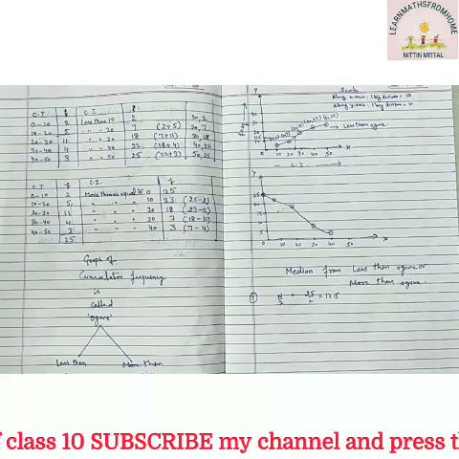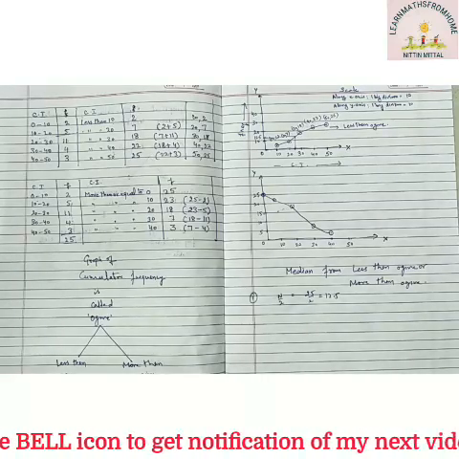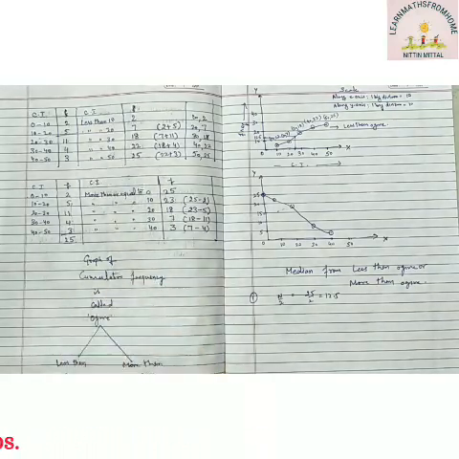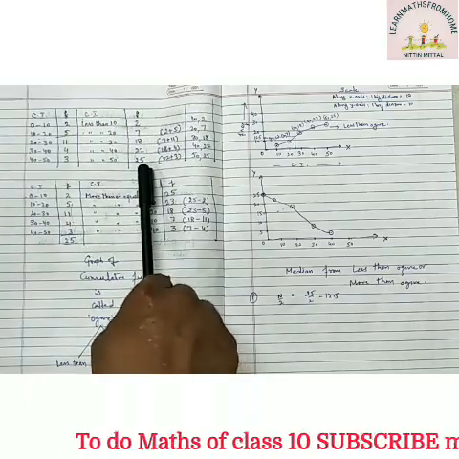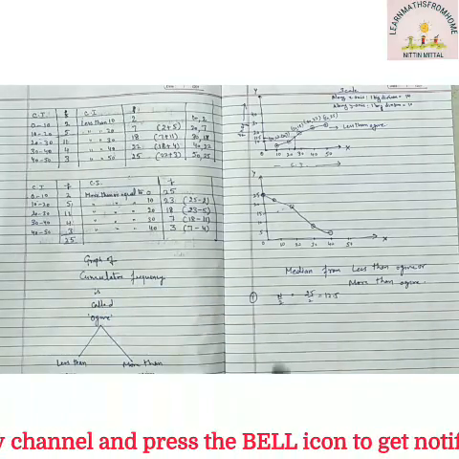So once again, how to calculate median from this graph? First thing, you have to calculate n over 2. N stands for the total of frequency. In case of less than type table, the last cumulative frequency is total of frequency. So calculate n over 2.